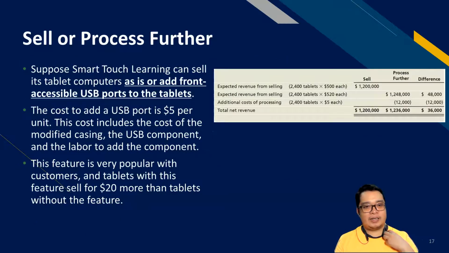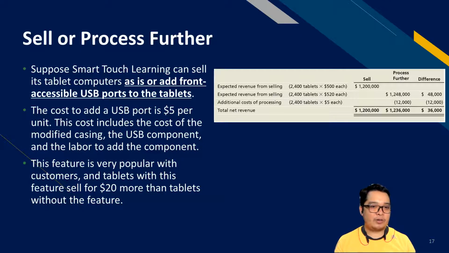So an example here is again laptops or tablets. Suppose Market Learning can sell its tablet computers as is, or it can add front accessible extras. So sell as is or process it further by adding certain features. Second bullet point, the cost to add a port is $5 per unit.